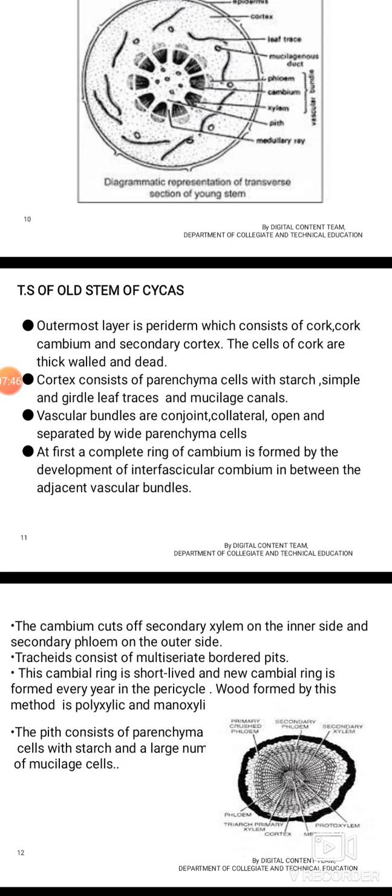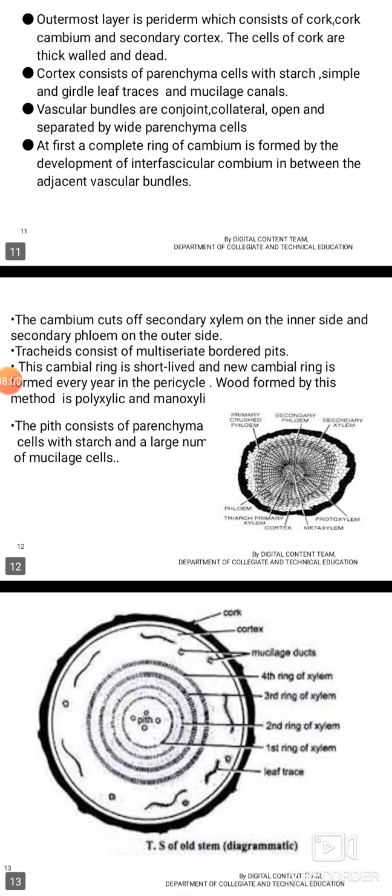This cambial ring is short-lived and a new cambial ring is formed every year in the pericycle. Wood formed by this method is polyxylic and monoxylic. The pith consists of parenchyma cells with starch and a large number of mucilage cells.